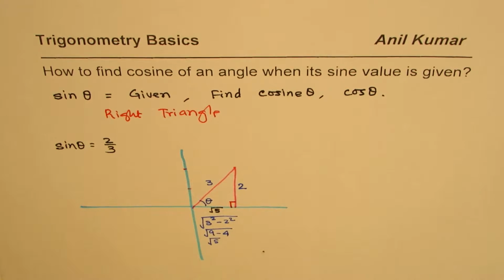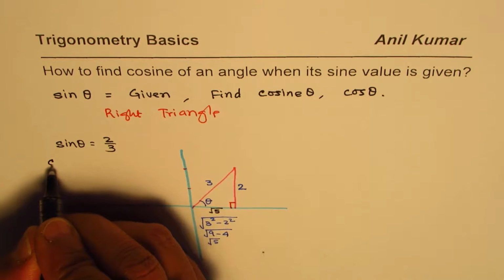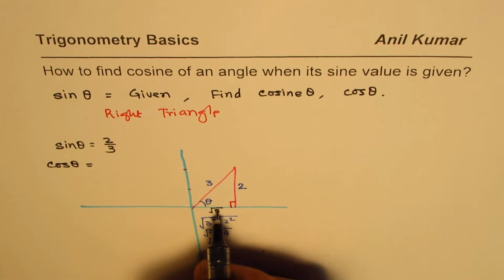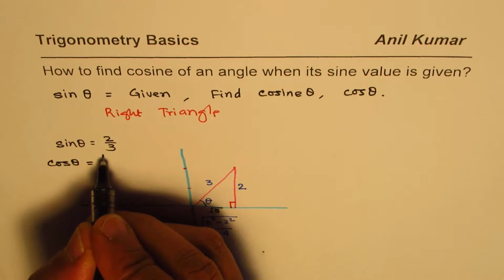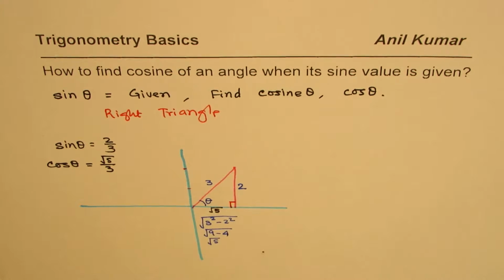Is that okay? Now once I get that side, I get the value of cosine theta. So cos theta should be equal to adjacent over hypotenuse, which is square root of 5 over 3. Does it make sense? So this is one way of finding cosine theta from sine theta.